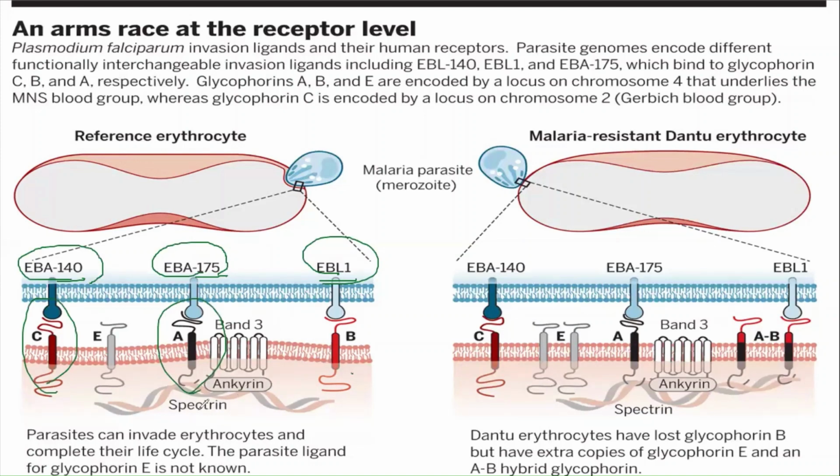Okay, so we don't know the ligand about this, so that's okay. This is the normal scenario. Now, if you know, there are people who are resistant to malaria. Why? Because they have got different type of RBCs. Okay, why? Because their RBC have got hybrid of glycophorin, which is having A and B together.